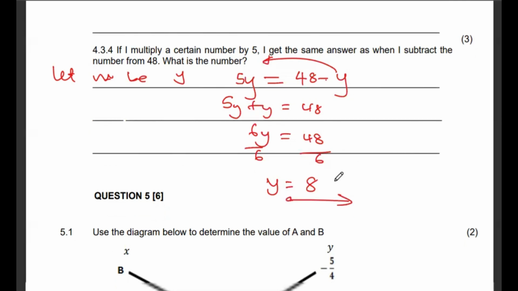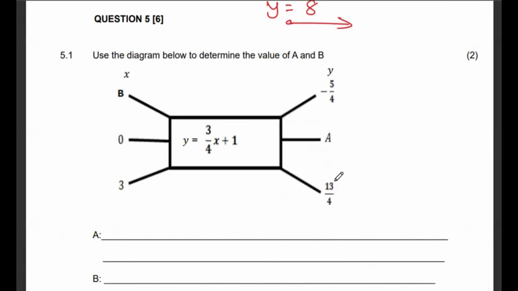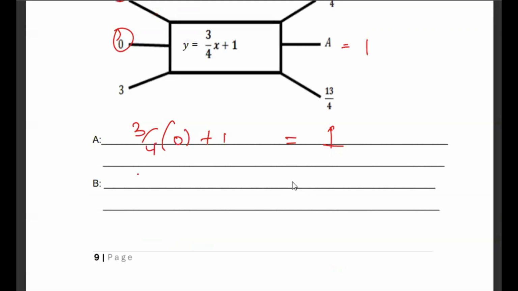Okay. And then 5.1, use the diagram below to determine the value of A and B. A is happening when the input is 0. So 3/4 times 0 plus 1, which means A is 1. And then for us to get to B, we need to use the inverse. So with the inverse, it's going to be 13. No, it's a 3/4, not 13.